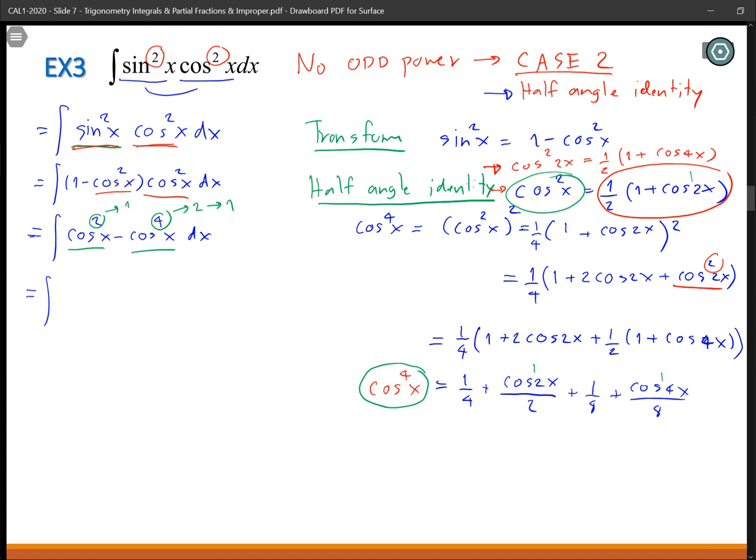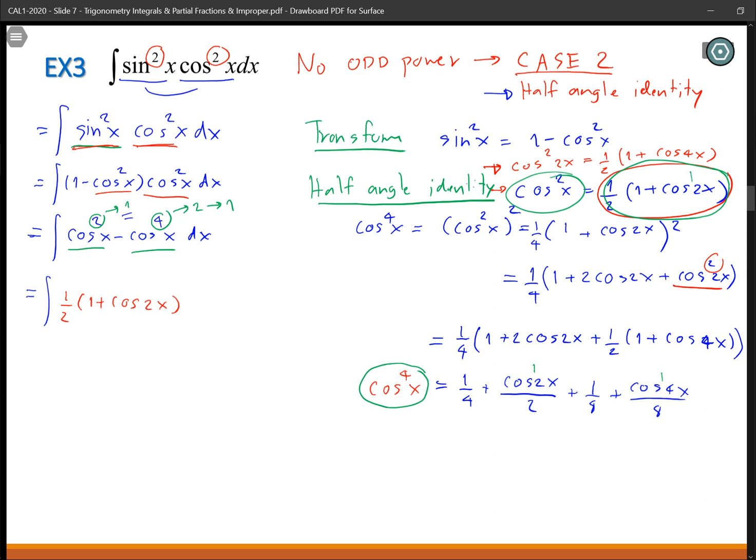We want to transform this to power 1, so we use this, put this in, and this becomes 1 over 2, 1 plus cosine of 2x. And this looks good because the power is just 1.